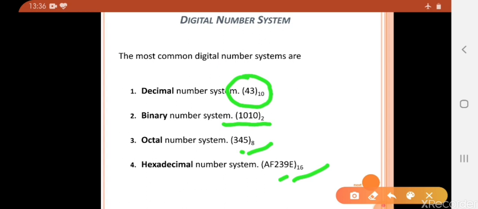Decimal number system has base 10, binary number system has base 2, octal number system has base 8, and hexadecimal number system has base 16. Many of you will ask, sir, in the hexadecimal number system I have used A, F, E. I will tell you further, because the full clarification about this is given further in the session.